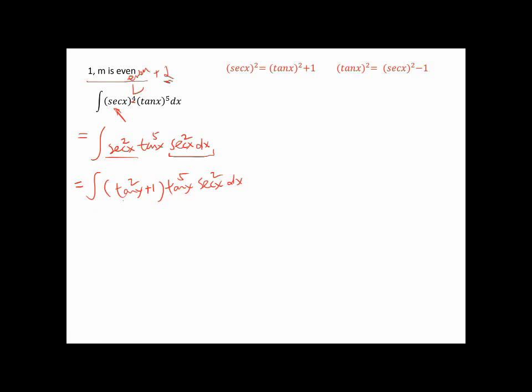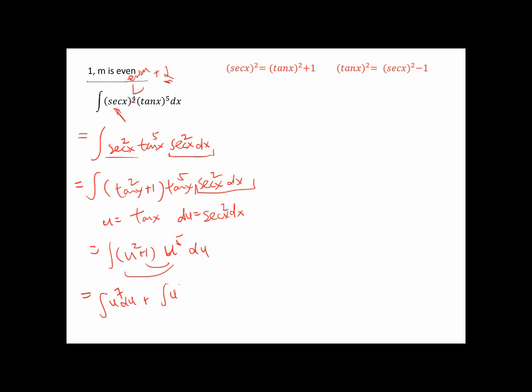Then substitution: u equals tangent x, du equals secant x squared dx, which is here. Plug in, I get u squared plus 1 times u to the fifth du. Multiply it in and separate it out: u to the 7th du plus u to the 5th du.